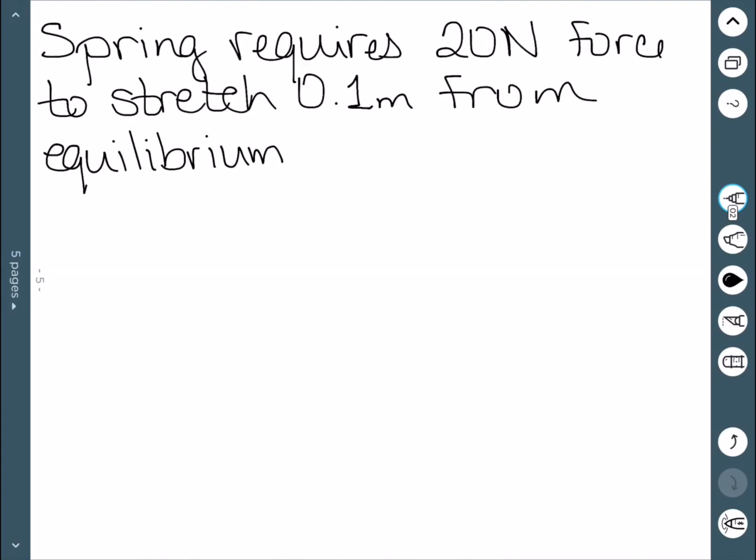We'll start by having a spring that requires 20 newtons of force to stretch it 0.1 meters. So if we need to find our force, we have 20, and this is k times x, where x is the distance that we moved it, which is 0.1.